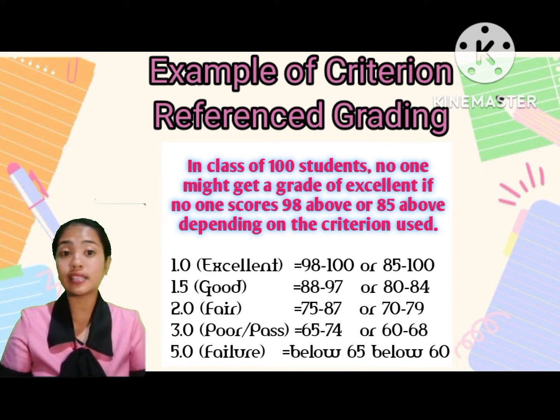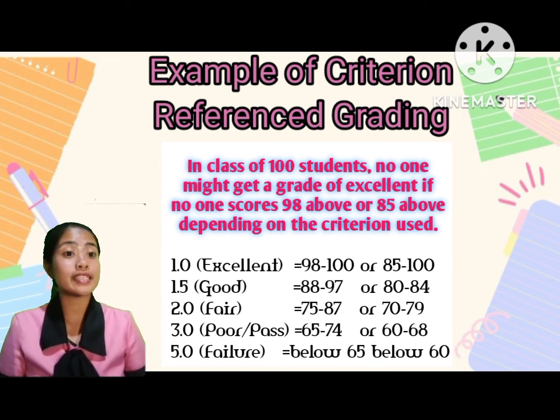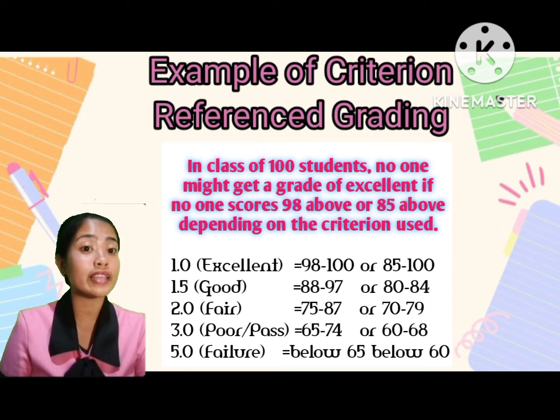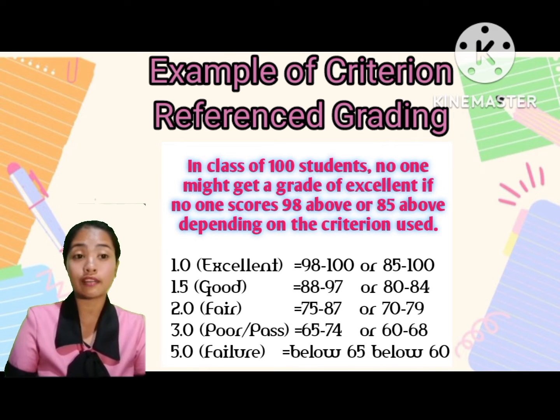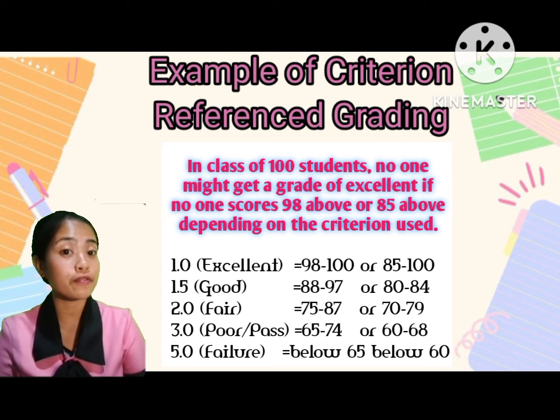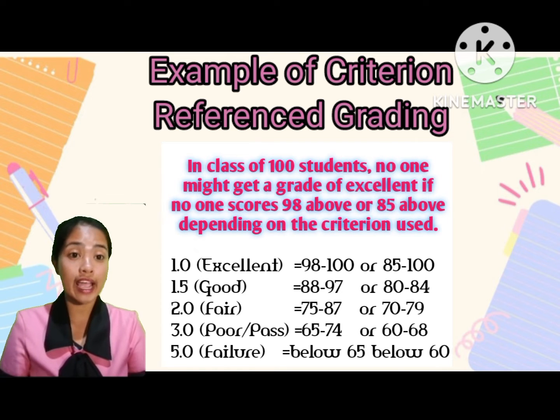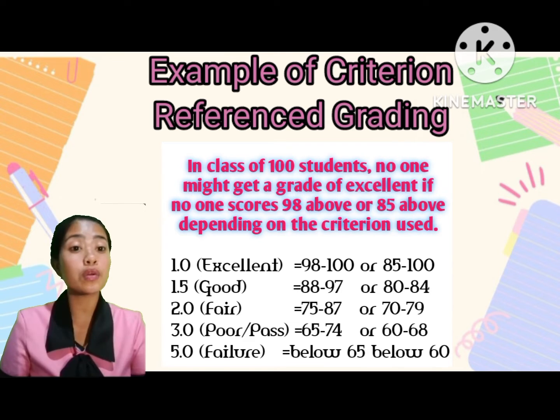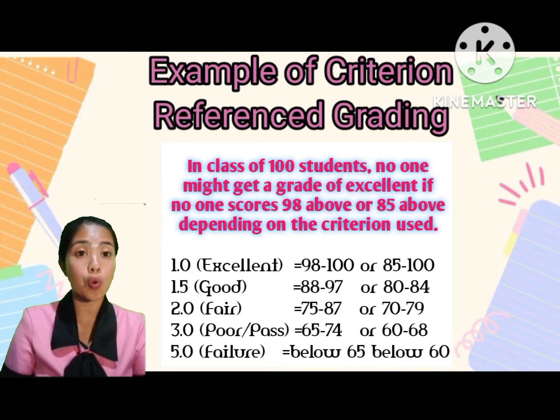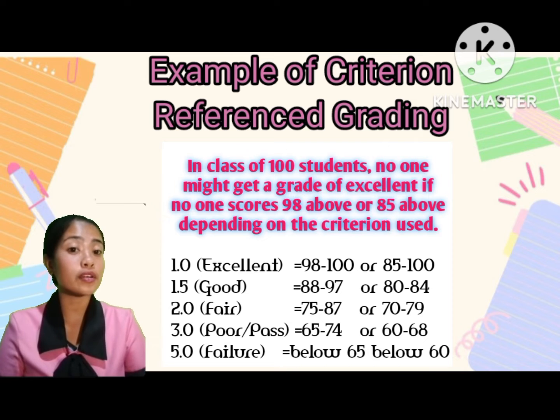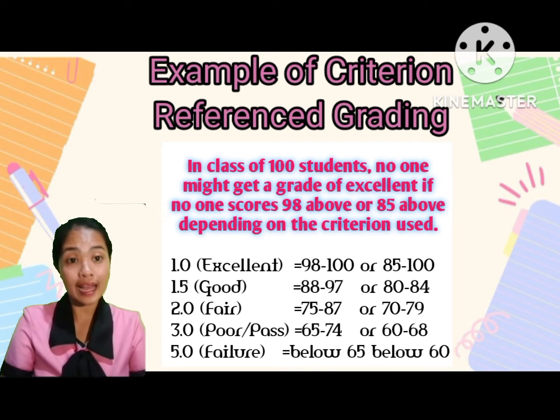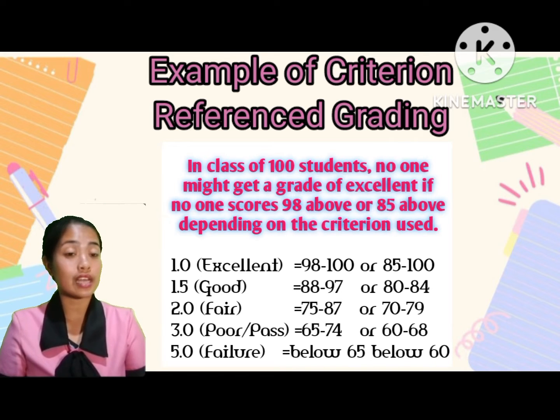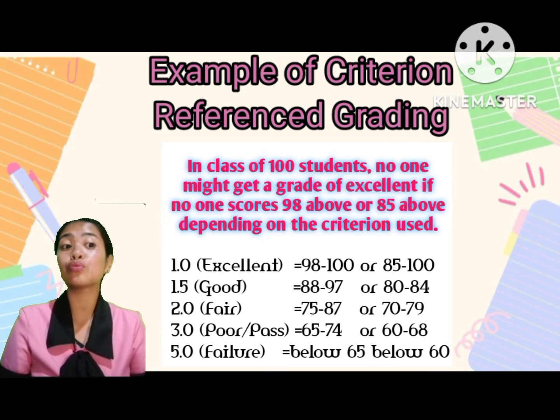So as you can see, 1.0 is excellent, equal to 98 to 100 or 85 to 100. 1.5 is good, 88 to 97 or 80 to 84. 2.0 is fair, equal to 75 to 87 or 70 to 79. 3.0 is poor or pass, equal to 67 to 74 or 60 to 69.